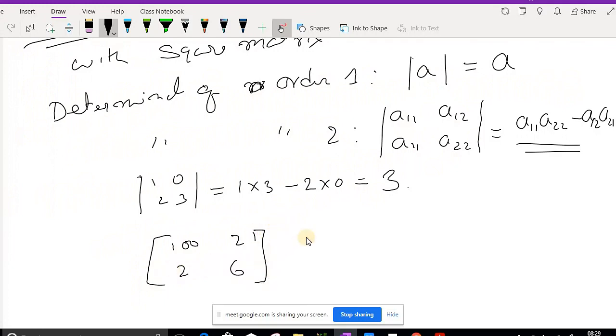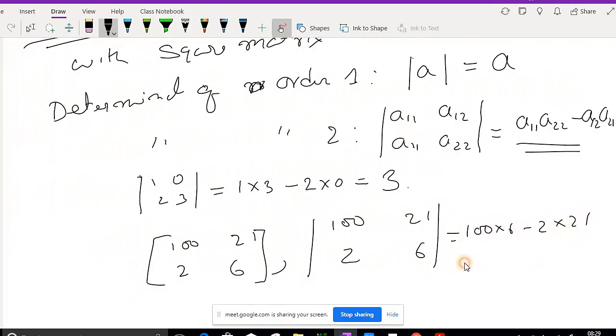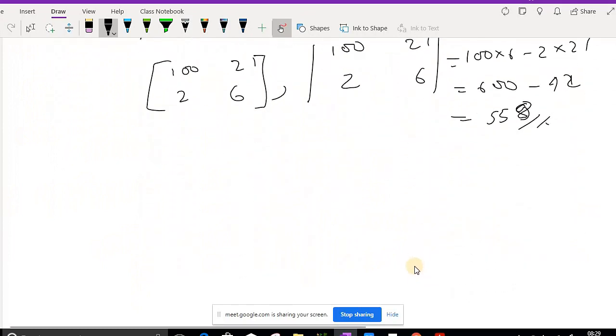This will be 100 into 6 minus 2 into 21, which is equal to 600 minus 42, which is equal to 558. 2 into 21 is 42. That is the thing.